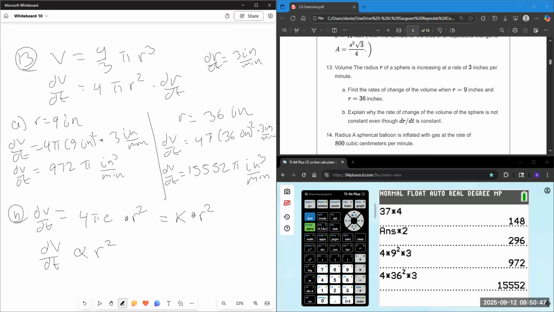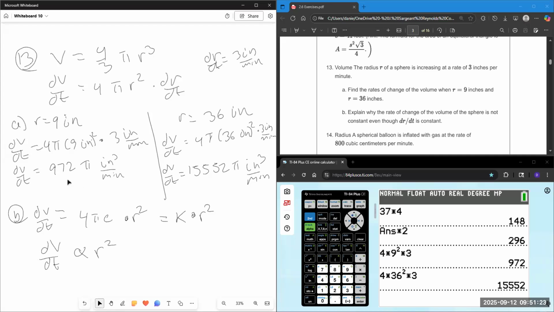So the r squared is in the numerator here, and dV/dt is directly proportional to r squared, meaning that if r squared increases, dV/dt will increase. If r squared decreases, then dV/dt will decrease. So just because this one part of the equation is constant doesn't mean the whole equation is constant and that there's going to be a zero rate of change.